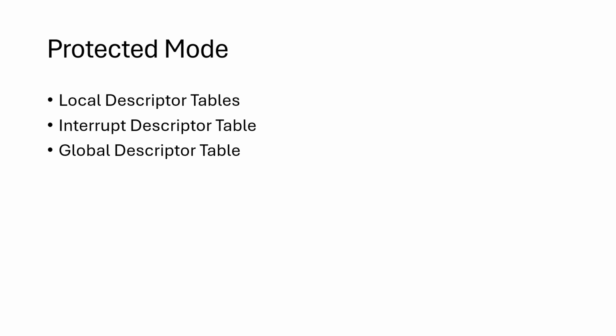Today we have some more information on the protected mode that we discussed yesterday. We already had some basic understanding about the protected mode and the features it provides, like memory protection and multitasking.